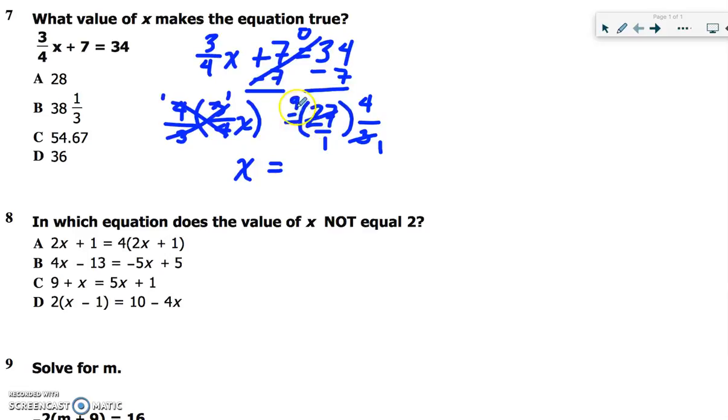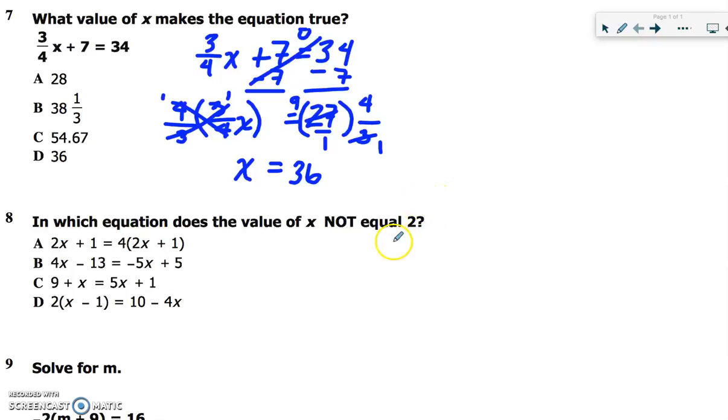So now I only have to multiply 9 times 4 to get 36. And 1 times 1 in the denominator means that's 36 over 1. So now I've already reduced it and I'm done. x equals 36. That answer is D.